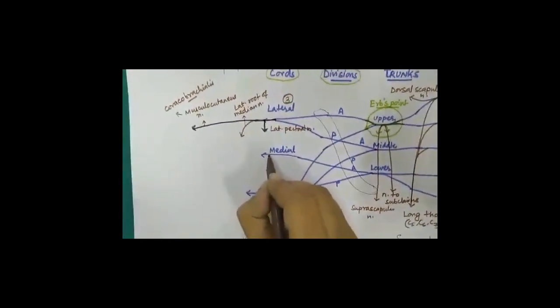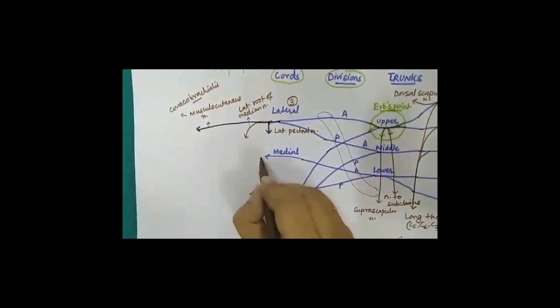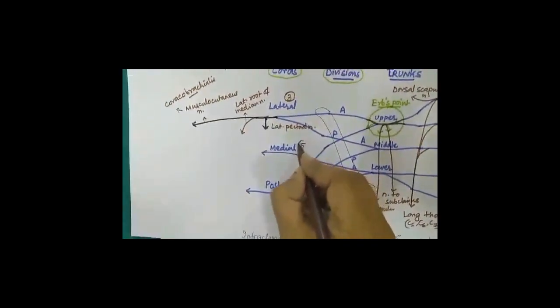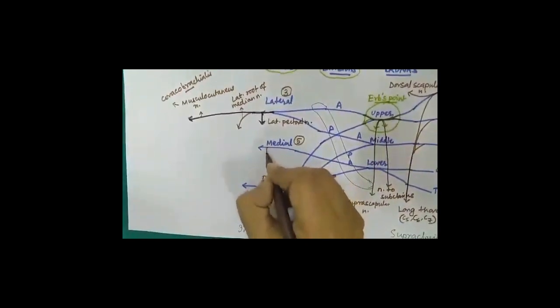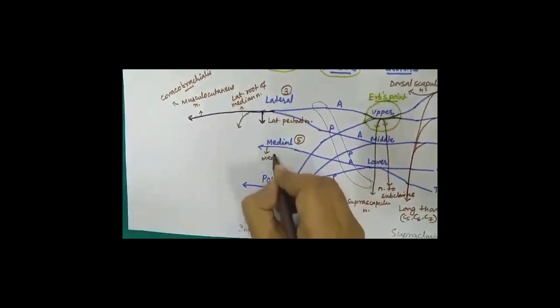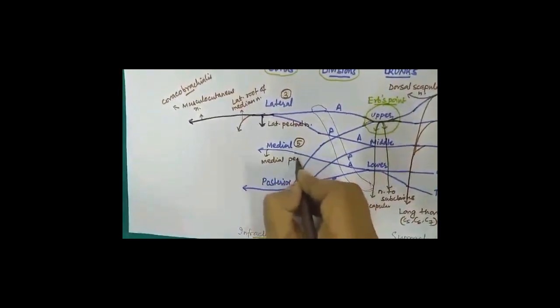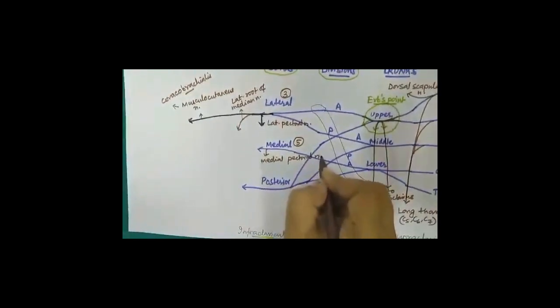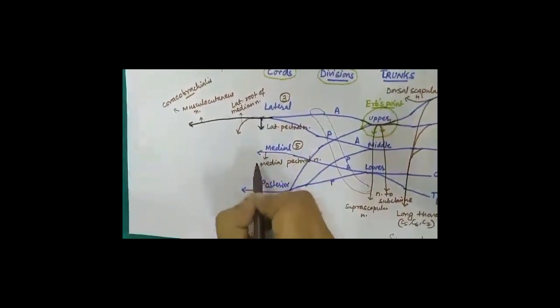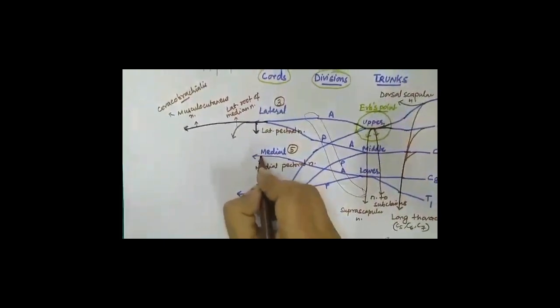Likewise, the medial cord gives some branches. There are 5 in number. One is the medial pectoral nerve, which along with the lateral pectoral nerve supplies pectoralis major and minor.